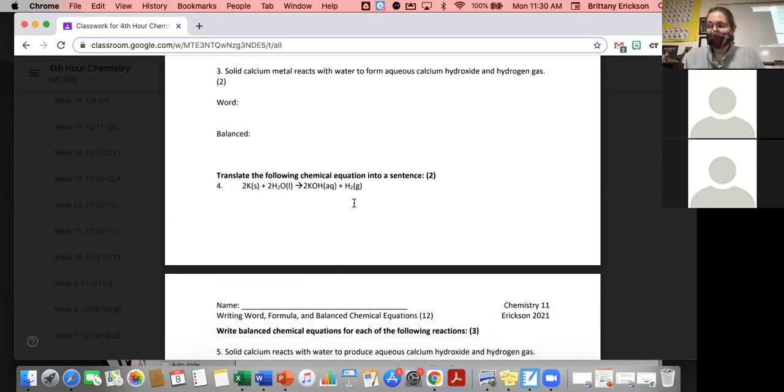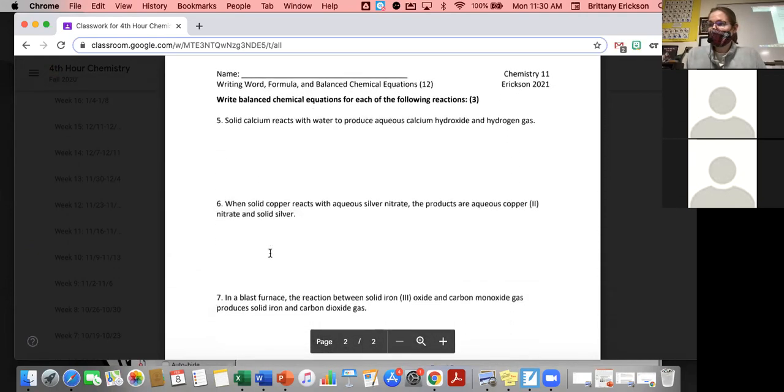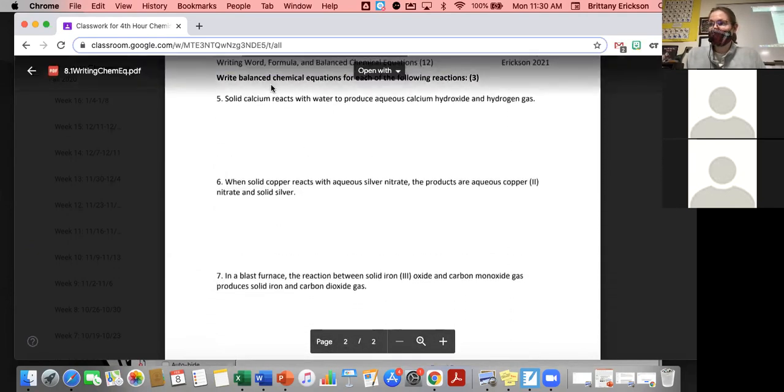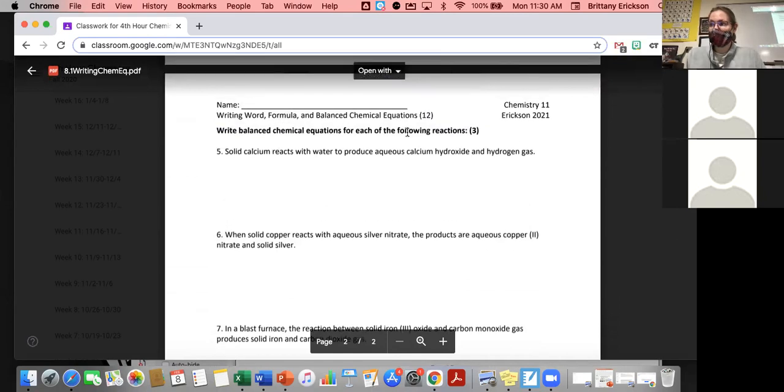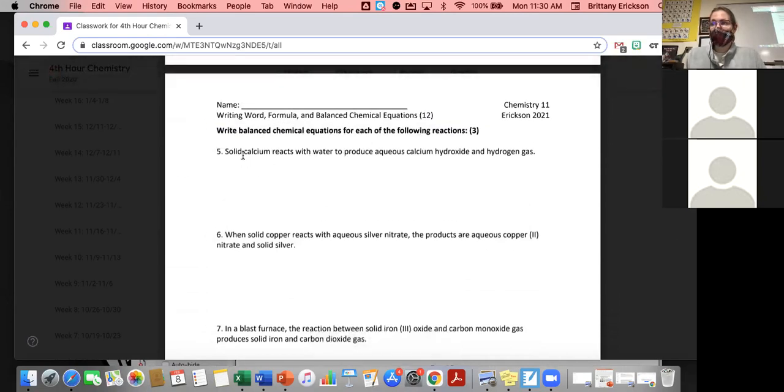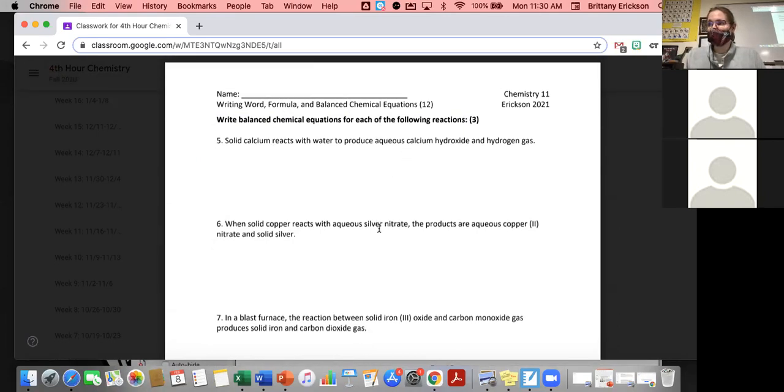This one down here on the bottom, you just use words, tell me a story, right? We had an example of that in our notes. And then on the back side, there's 3 more. It just says write balanced chemical equations, so you don't need to do a word equation. Go right ahead and try to figure out the balanced chemical equation.